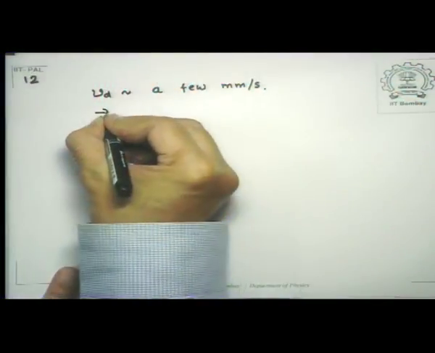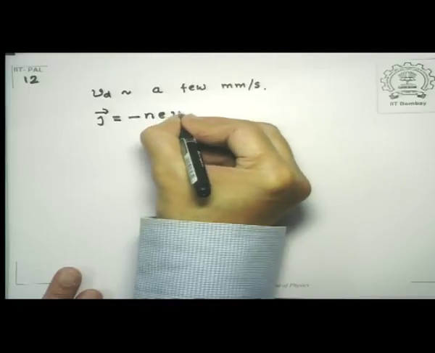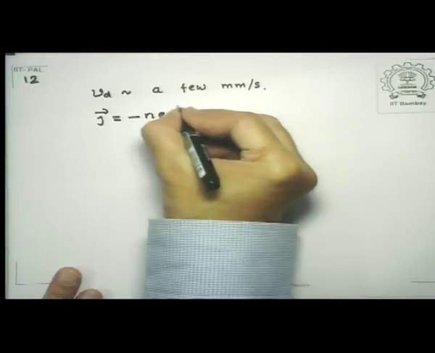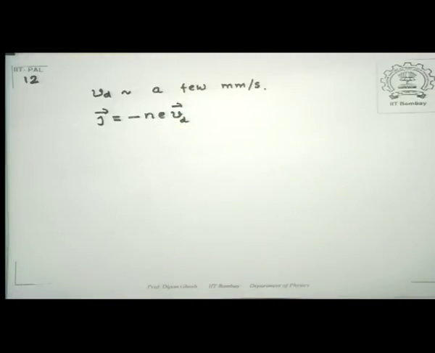The second point is that the relationship between current density and the drift speed is J = minus n e Vd. Now, notice that we have said Vd is small, a few millimeters per second. Electronic charge is also small, 10 to the power minus 19.